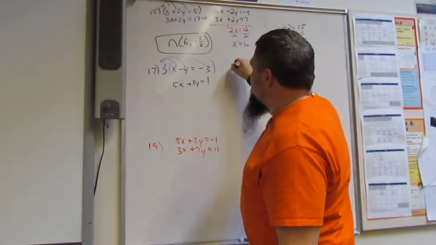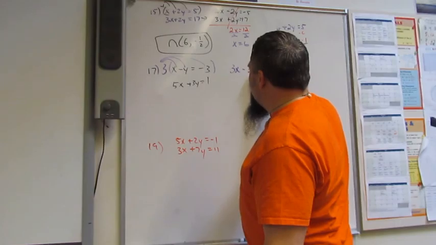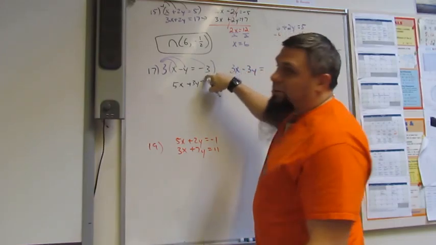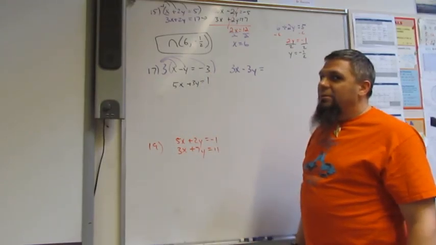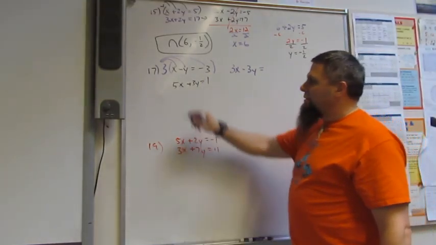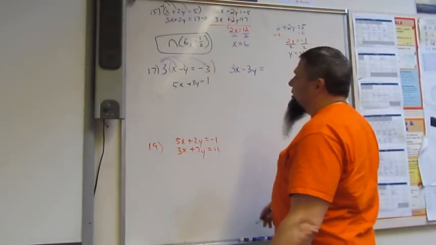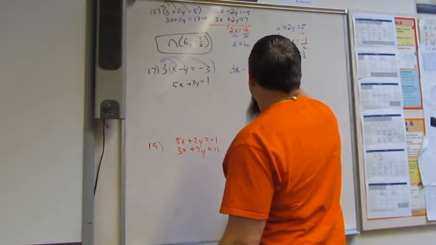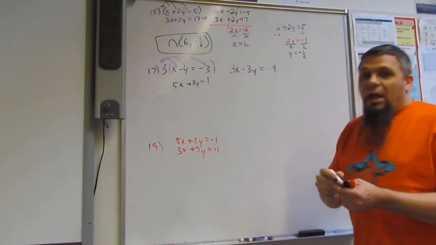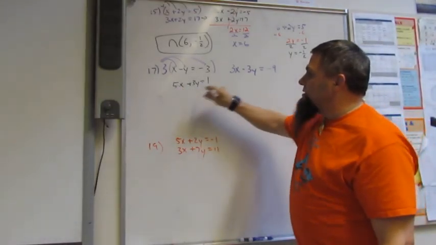Okay? So this is 3x minus 3y equals -3. 3 times -3? Yes. There you go. Okay? And then I'm taking this guy and just bringing him over.